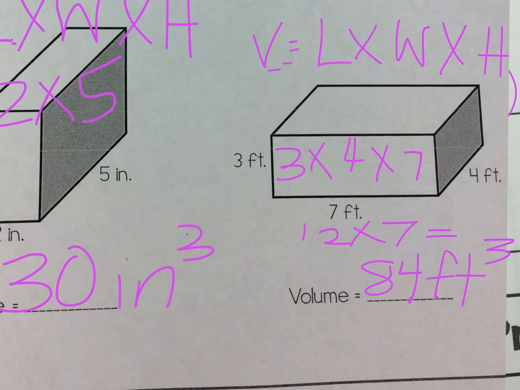Any questions on finding volume? What is my formula that I use? Volume equals length times width times height. When they show you the cubes, you can count those cubes, right?